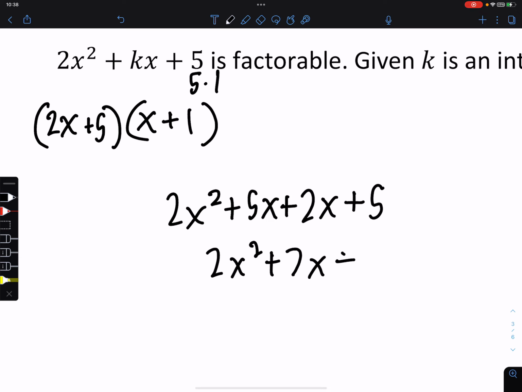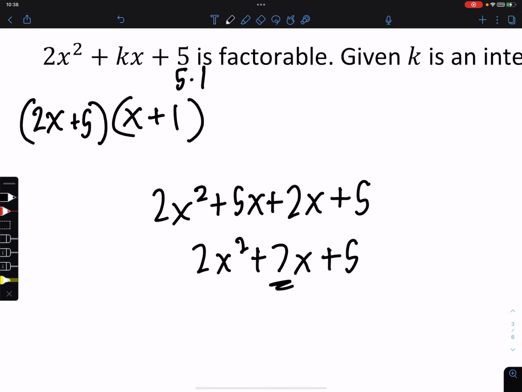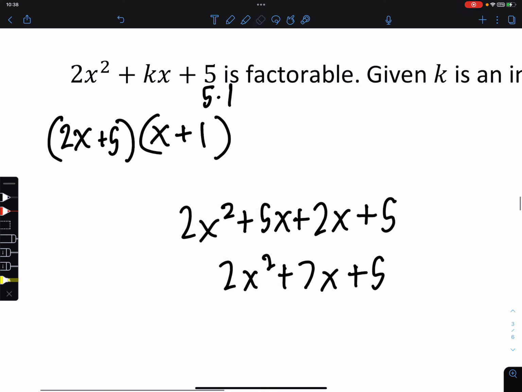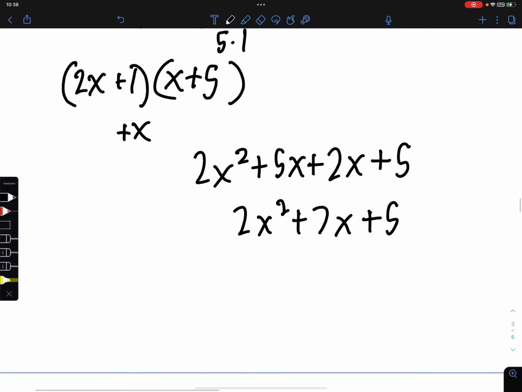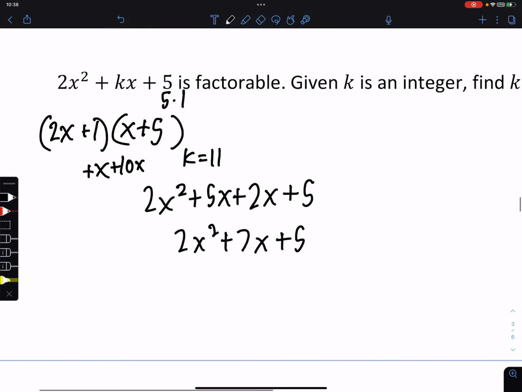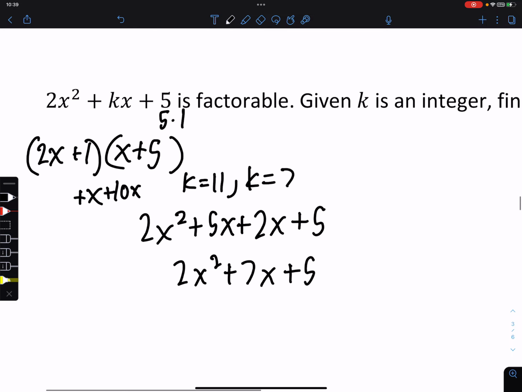That's what we would factor if it was like this, where k equals 7, right? Similarly, if we put down plus 1 here and plus 5 here, we would get plus x plus 10x, and then we would get k equals 11, right? So right now our answer is k equals 11 or k equals 7, right?